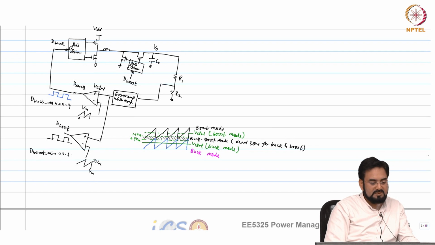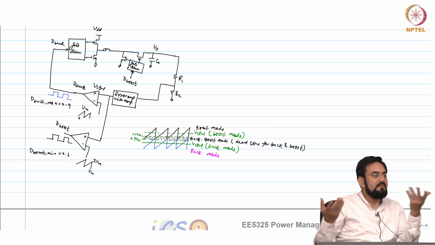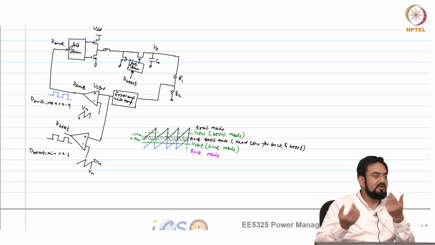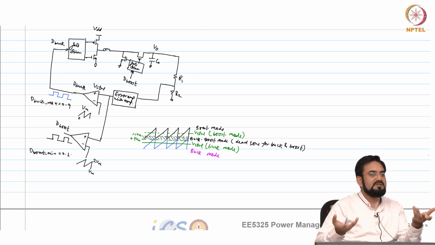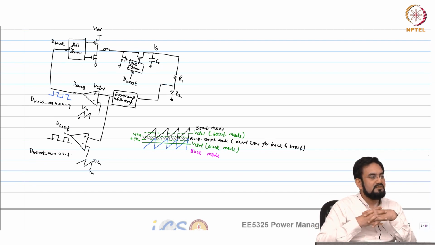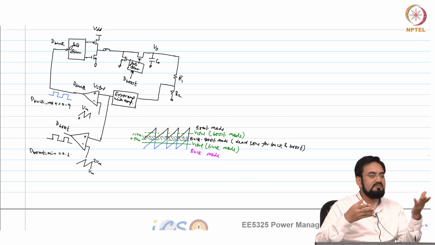So how will it operate in buck-boost? How will you build that control? So I have only 2 options, 0.9 and 0.1. I mean 0.9 buck, 0.1 boost. I cannot get anything in between that. So what are the possibilities if you have only 2 duty cycles? How can you still regulate the output with only 2 duty cycles? We talked about it. Yeah, use pulse skip mode.